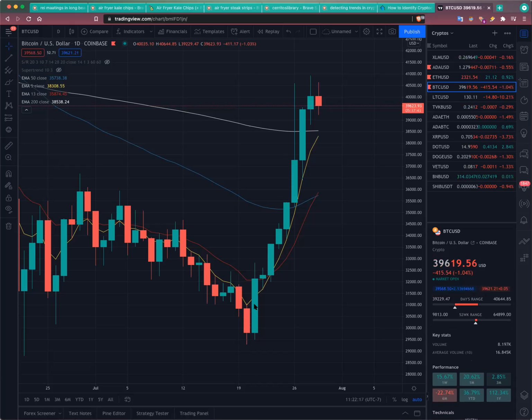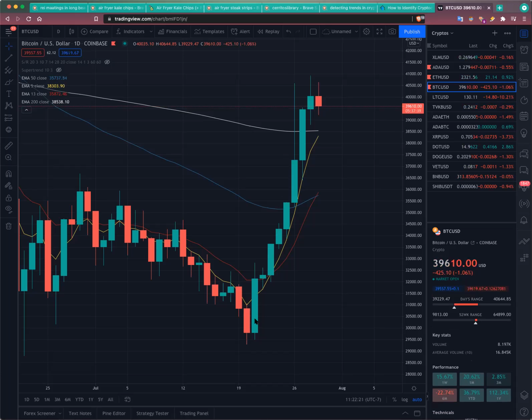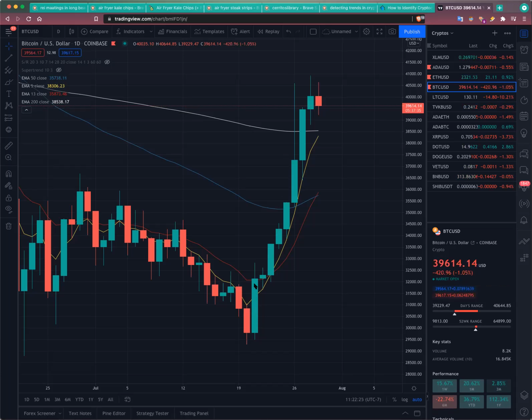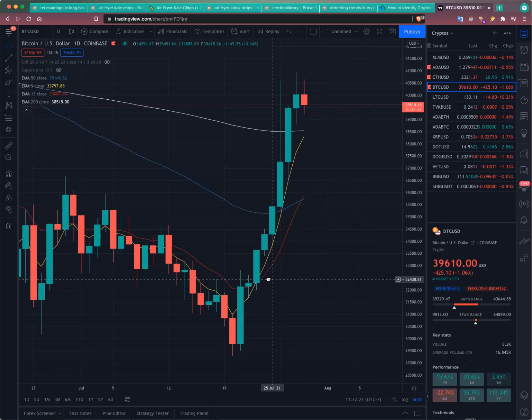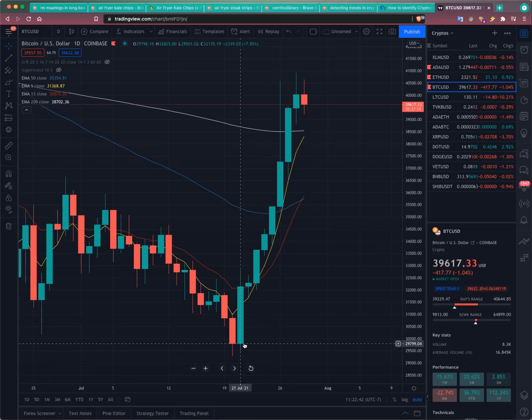Each one of these rectangles, colored boxes, whatever you want to call it, is one market day. So for example, for this day here, the top of the box is what the price was when the market opened. The bottom of the box is the price when the market closed.